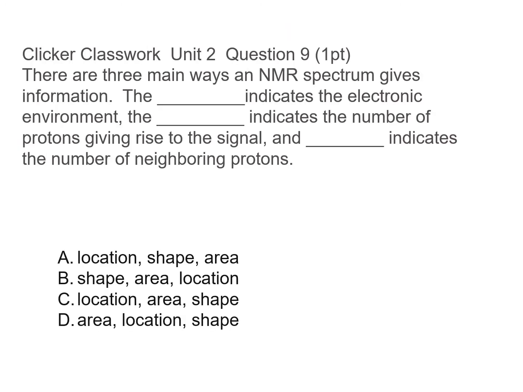All right, we also talked about proton NMR, and there are three main things on proton NMR that you need. You need to know the electronic environment, what term corresponds to that. We need to know the number of protons, so what corresponds with that. And we need to know the number of neighboring hydrogens and what corresponds to that.